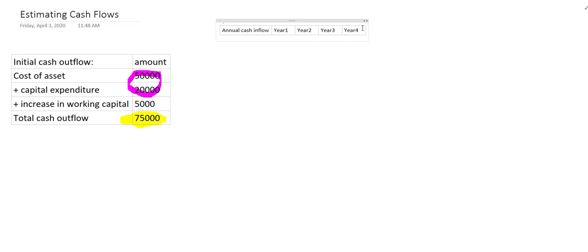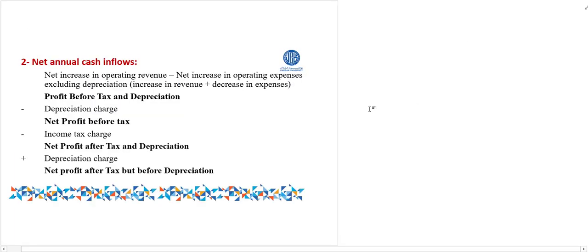Of course, let us expand the font size as well, to 18, so it is visible to everyone. After this, we have to talk about the formula itself. This was the formula, if you remember, for calculating the annual cash inflow: increase in revenue minus increase in expenses and so on. Now let us apply it in our case.